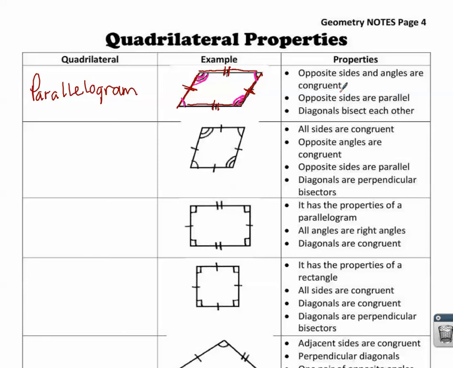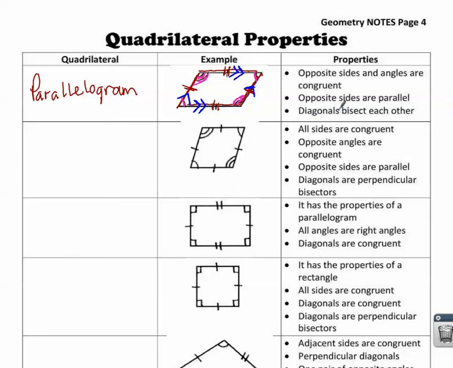Opposite sides are parallel. To signify that something is parallel, you'll see almost like arrows. Since there are two blue arrows on each of these lines, that means these are the two lines that are parallel. Whereas going the other direction, you may see one blue arrow on each of these sides, which means these two are parallel to each other, but not to the ones that are going left to right.